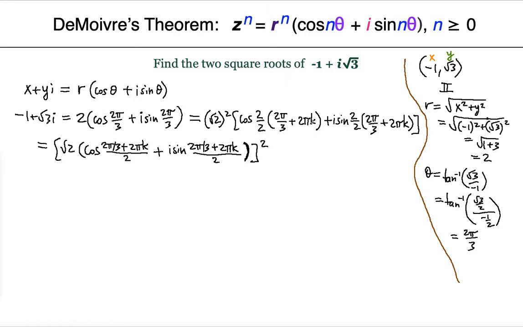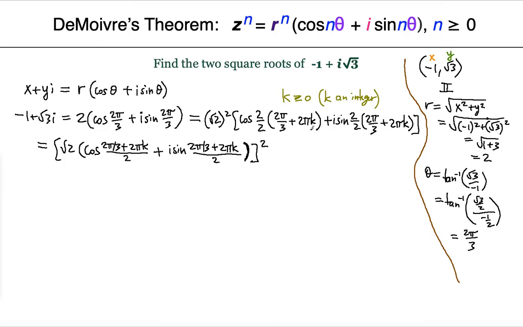And adding the 2 pi k, as long as k is a non-negative integer, as long as this is true, the cosine of the angle will not change, right? Because we know that multiples of 2 pi added to an angle is not going to change the cosine and is not going to change the sine. You might ask, why do we need that?